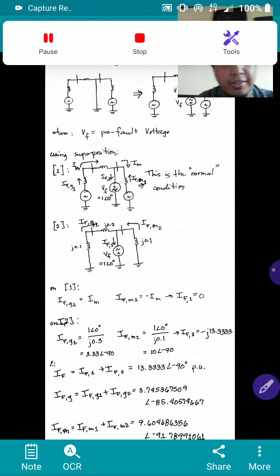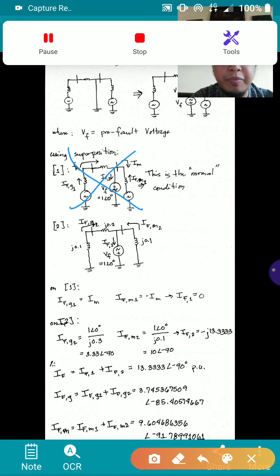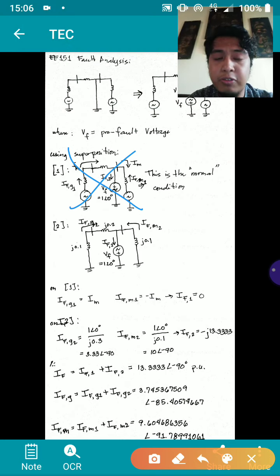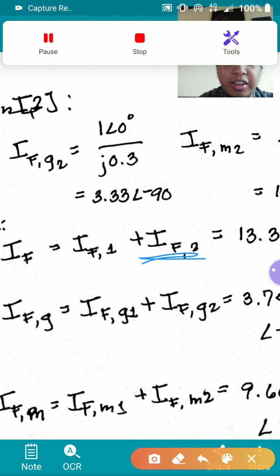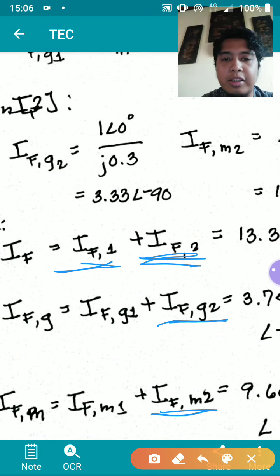So that's actually an easy way to solve for the fault, ignoring the pre-fault currents. Of course, you can still incorporate them by solving first for the Thevenin, and then as you can see, this is the Thevenin currents, this is the pre-fault current.